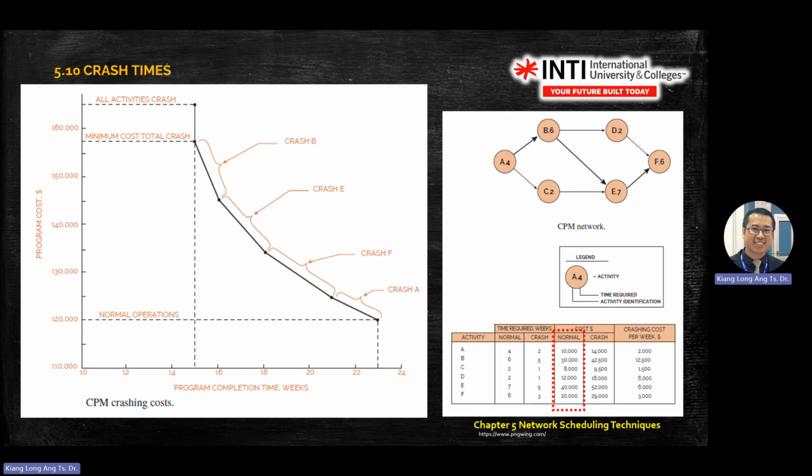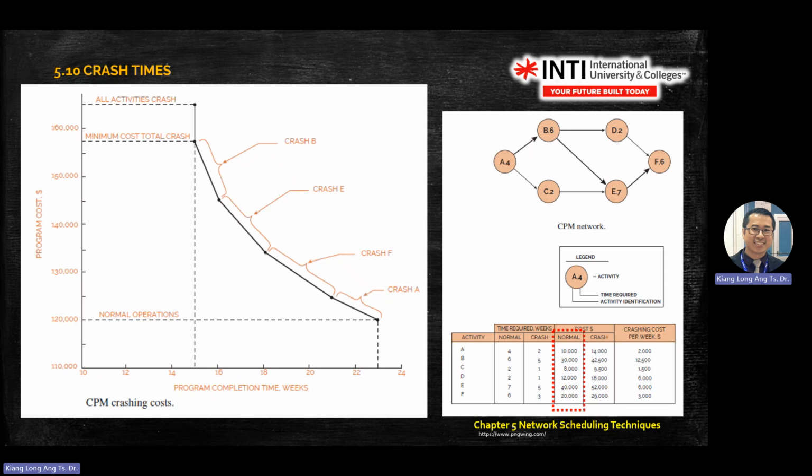How do you get 2,000? 14,000 minus 10,000 is 4,000, divided by 2, you get 2,000 per week. How do you get 1,500, for example? 9,500 minus 8,000, crash 1 week, so the value is 1,500.